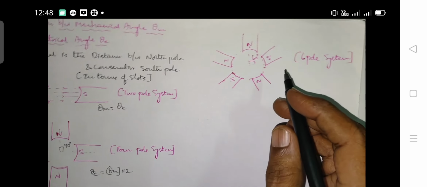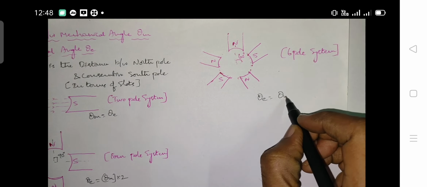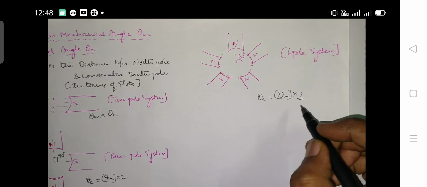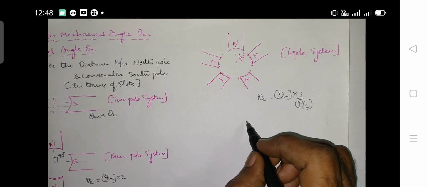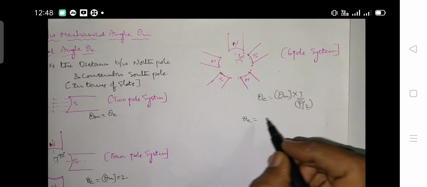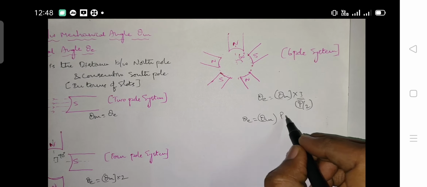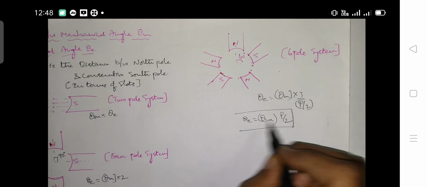Hence here theta electrical will be equal to theta mechanical multiplied by 3, whereas this 3 refers to the number of pairs of poles. Hence we have the relationship: theta electrical is equal to theta mechanical multiplied by the number of pairs of poles.